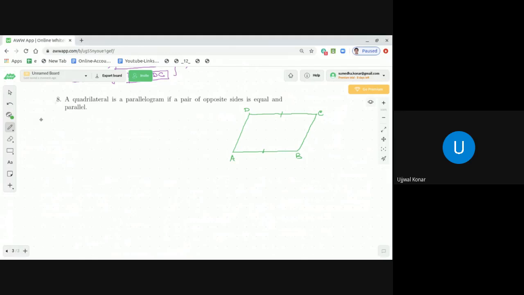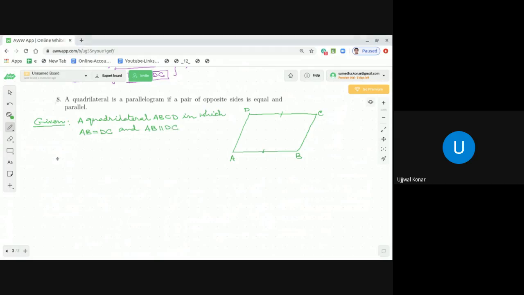What is given, dear students? It is given that a quadrilateral ABCD in which AB is equal to DC and AB is parallel to DC.